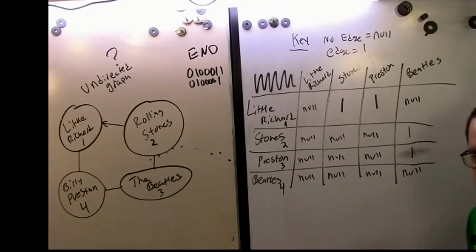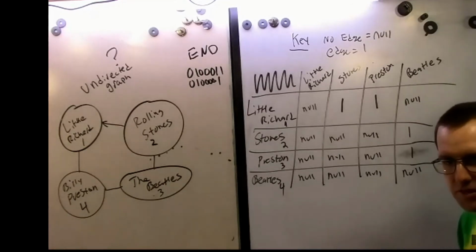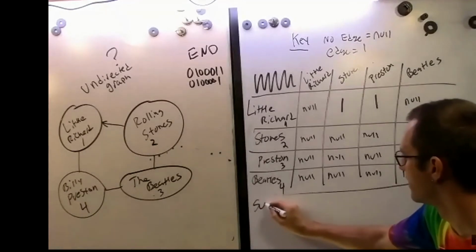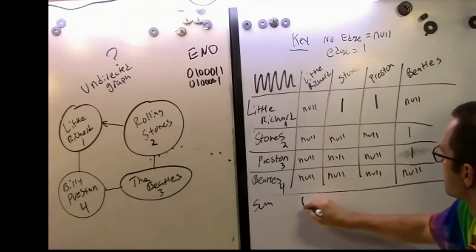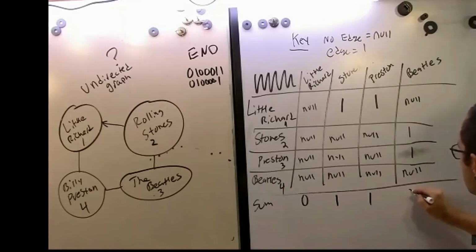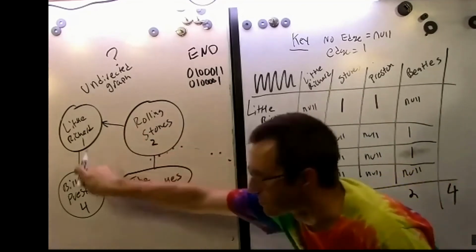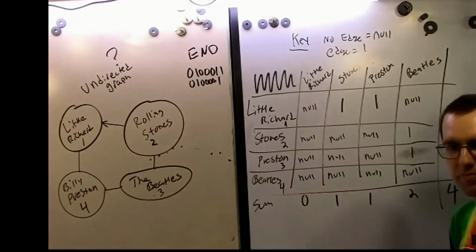So if we wanted to check our graph, we could sum the columns and check to make sure that we got everything. So 0, 1, 1, 2, and these all sum up to 4: 1, 2, 3, 4. So we got all the edges.